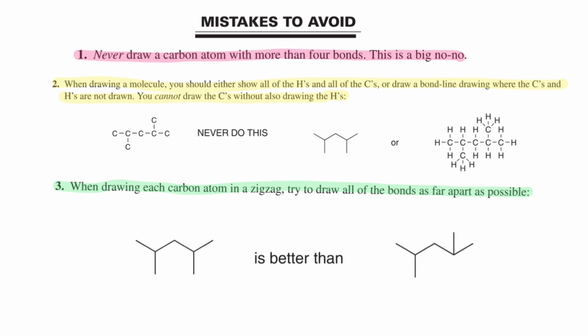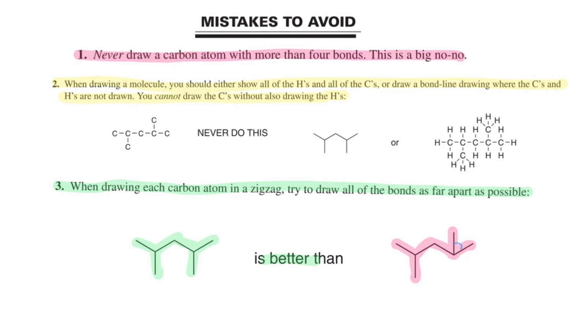Now I am taking one example. This is a better representation than this other compound. This is the wrong representation, because up to here it is correct, but here the bonds are angled very close to each other.